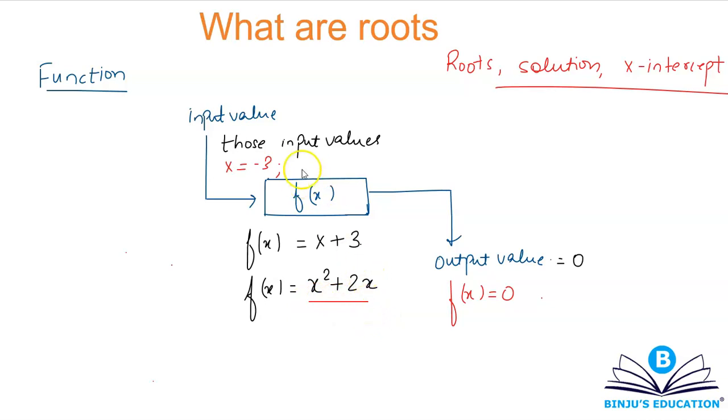As of now, just to make you understand the meaning, if you put x = 0 or x = -2 in this equation, then you will get f(x) = 0. You can plug in the values and check. When x is 0, 0² + 2 × 0 is 0. When you put -2, (-2)² is 4, and 2 × -2 is -4. So again you have 0.